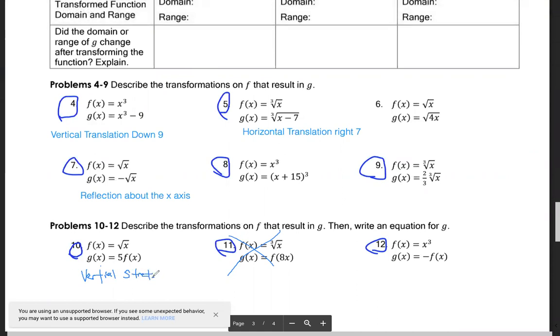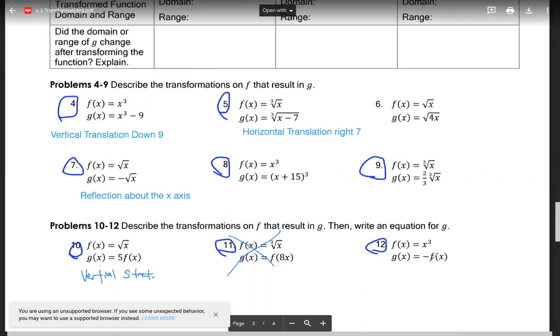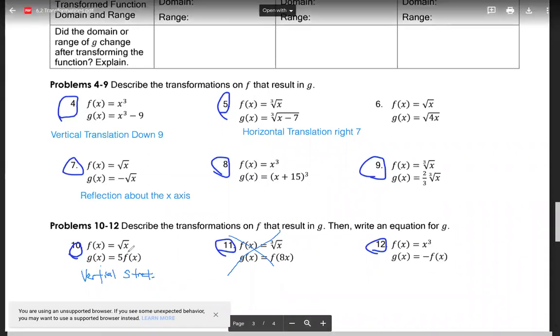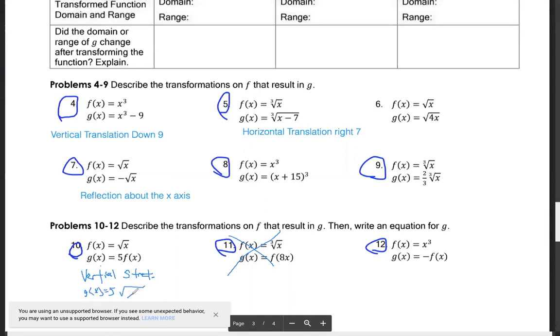Okay. 12, same idea. Since I know it's a negative in front of the function, you can know this is a reflection. Now, if you do want to put this in the calculator, what you would have to do is literally just rewrite it. The new g of x based off the function that they gave us would be 5 square root of x.